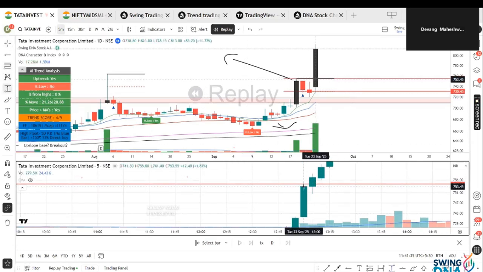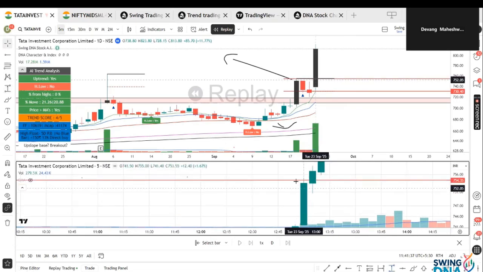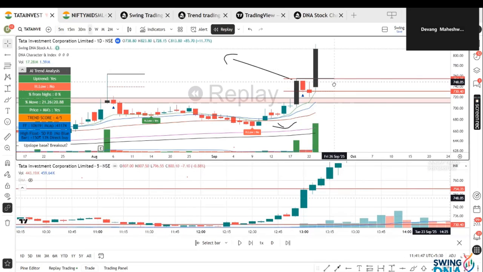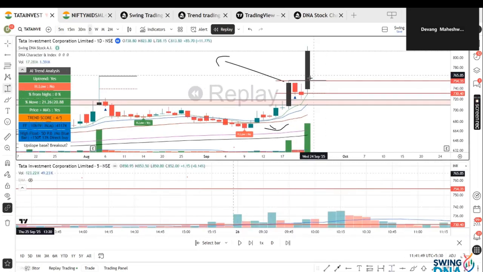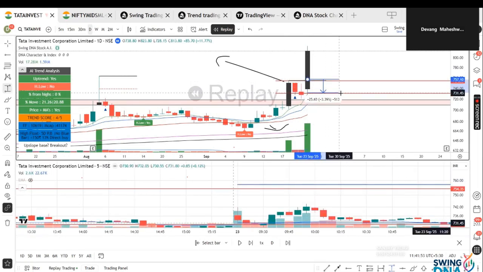Okay. Here it did move up in the previous candle, but it closed below this level. Okay. So now I want above this level a good close. So this is above this. So 756, 757, that's the entry point. So 757 is your entry point and your stop loss will be this one.